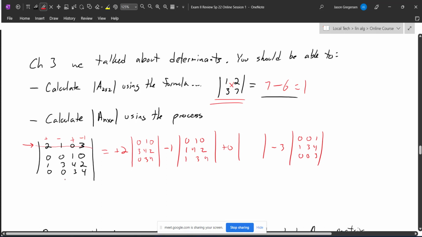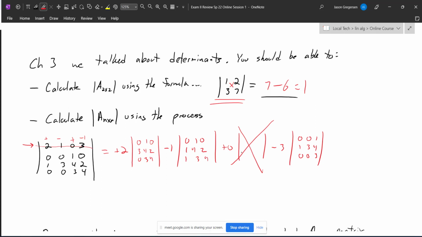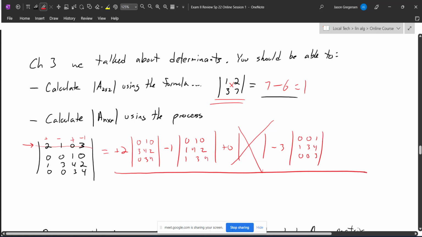Now we noticed when we did that row expansion that this term was very nice because the number corresponding to that location was 0. So in general, it's good practice to expand along the row or column with the most zeros. So in other words, instead of doing this calculation, if I had instead chosen to expand across the second row, I would fix my signs, positive in the top left, alternating as I move through the matrix.